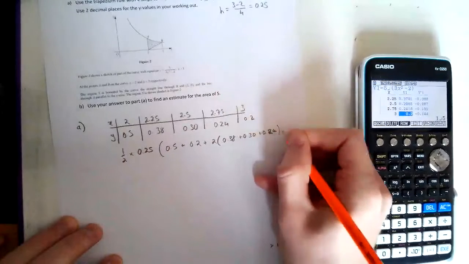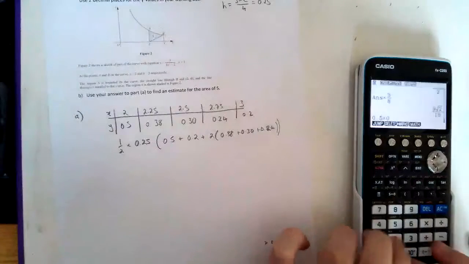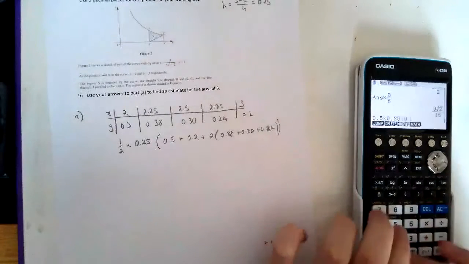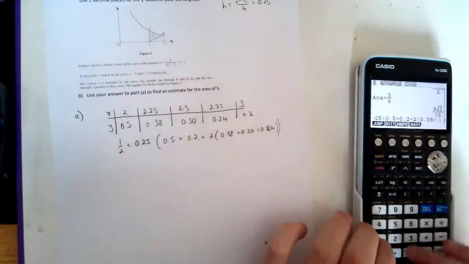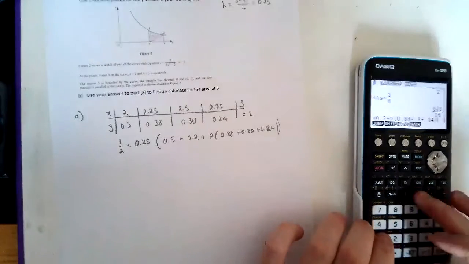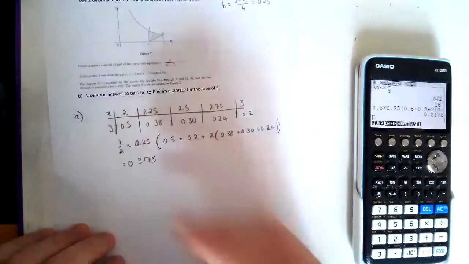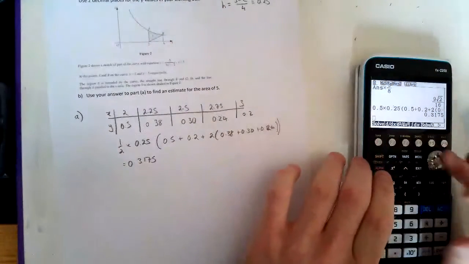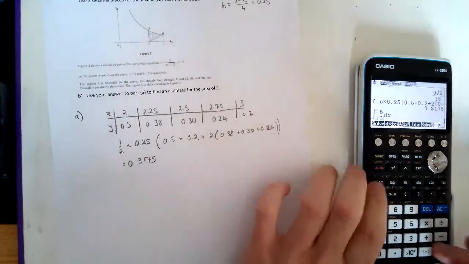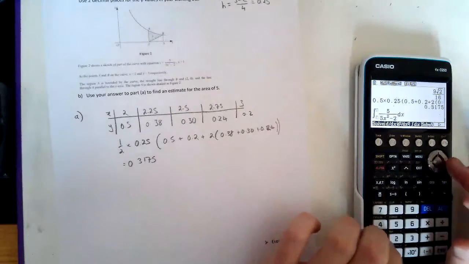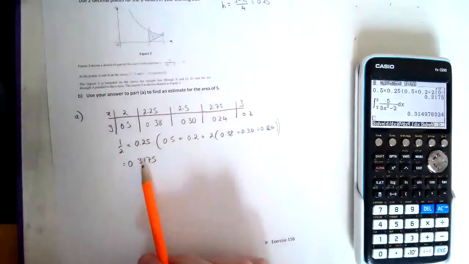Type in the calculator, 0.5 times 0.25 times 0.5 add 0.2, add 2 times 0.38, add 0.3, add 0.24, close both brackets, so we get 0.3175. And if we work it out on the calculator, 5 over 3x squared take away 2, between 2 and 3, we get 0.31497. So look how close it is.